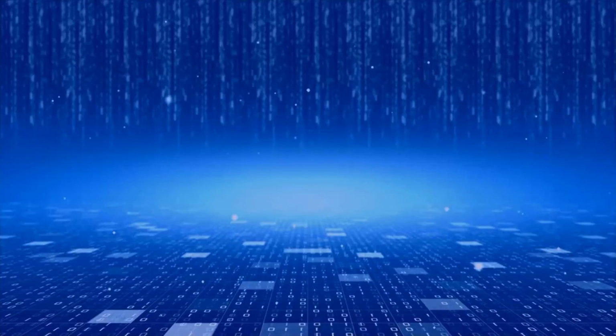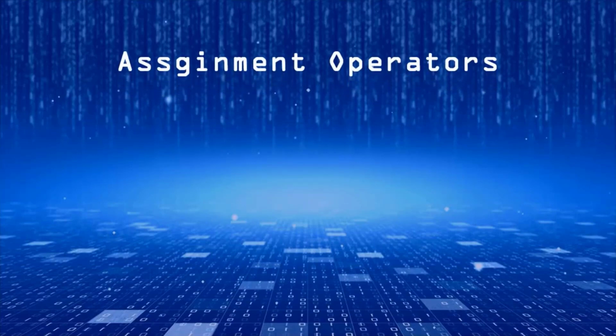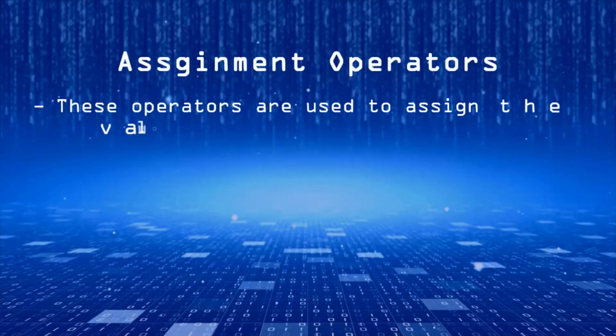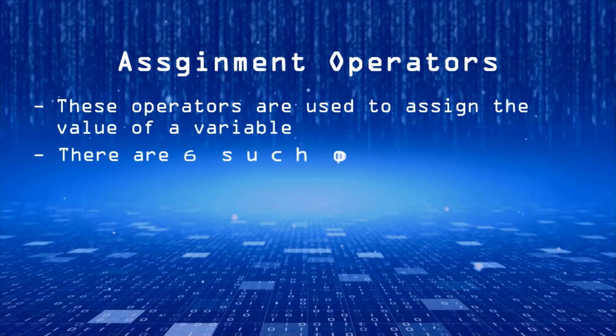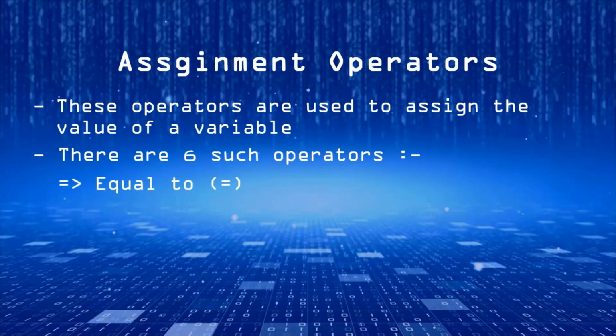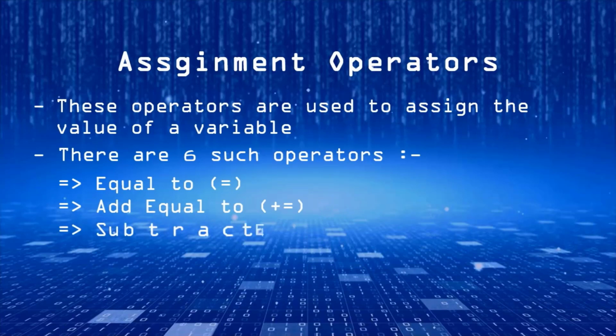So let us understand assignment operators. These operators are used to assign the value of a variable. There are 6 such operators. Equal to, that means you're directly assigning it. Add equal to, that means we are adding the value to that number.